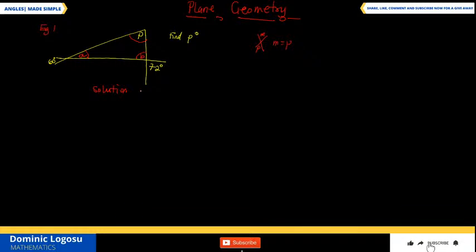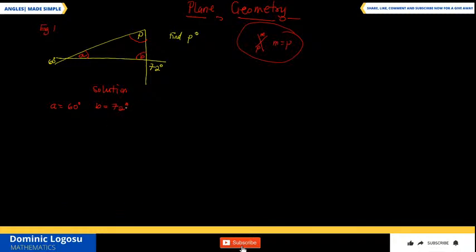So let's move on. As I was saying, now we are going to apply the rule I've stated here, vertically opposite. Once we apply that rule, we should be able to get the value of A and the value of B. So A is equal to 60 degrees and B is equal to 72 degrees.